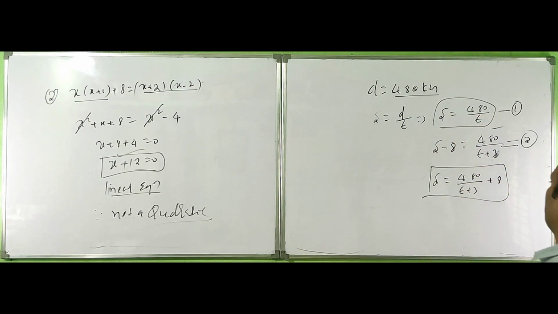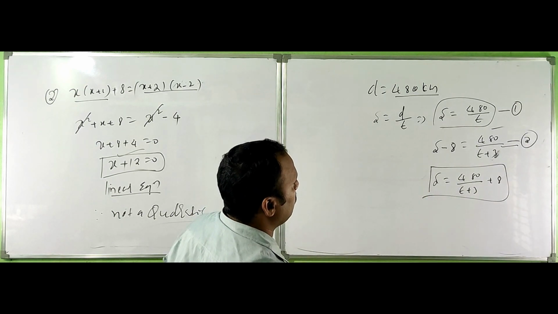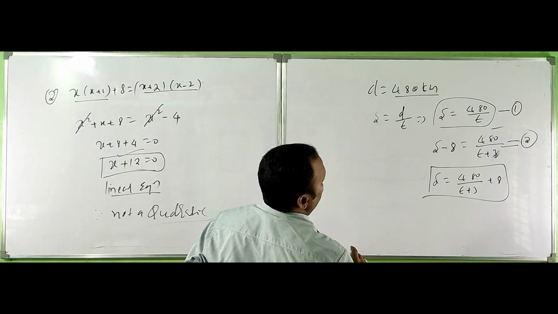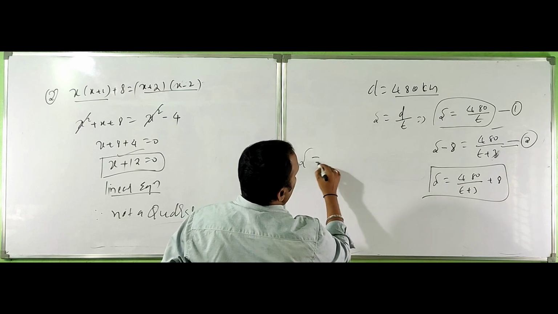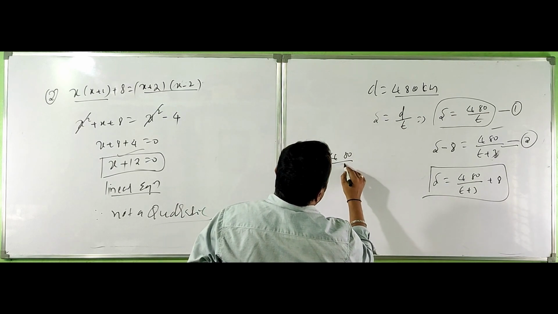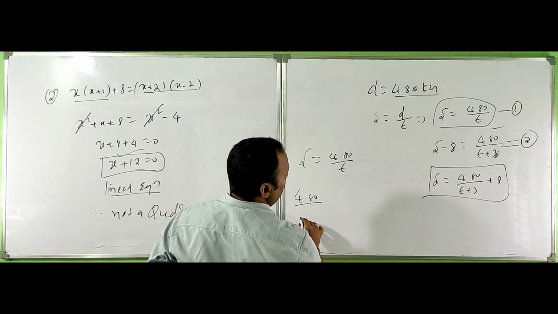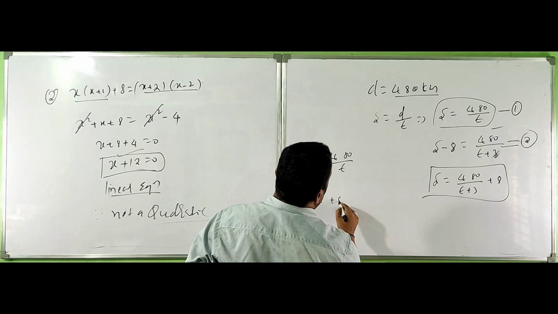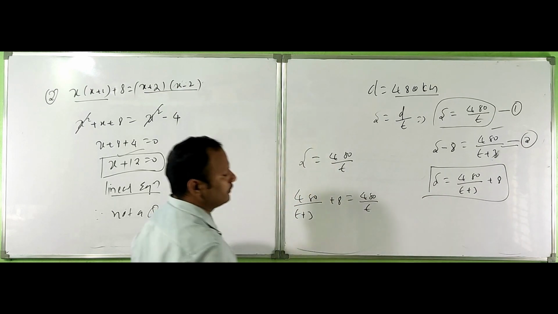Just look here. S is equal to this one now, right? Put the value here: s is equal to 480 by t. For the s here, 480 by t plus 3 plus 8 is equal to 480 by t.